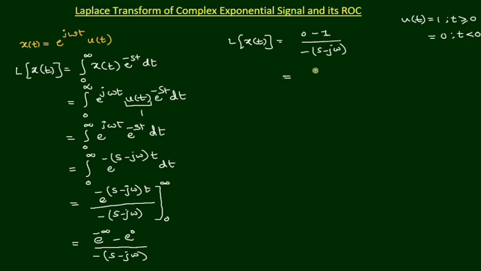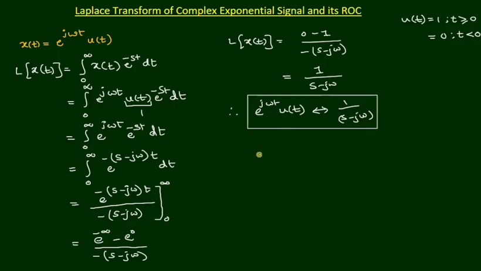That gives us 1 by s minus j omega. Therefore, the Laplace transform of e power j omega t into u of t is 1 by s minus j omega.